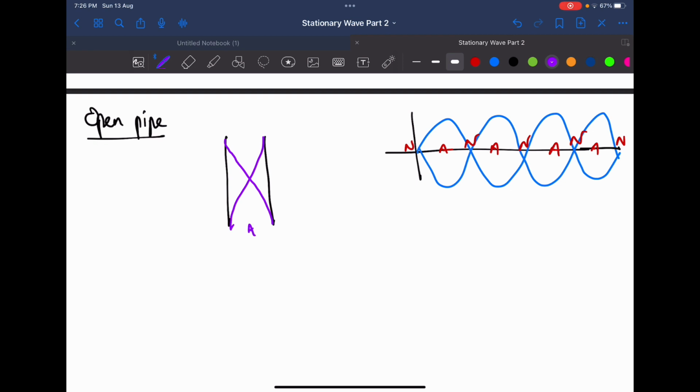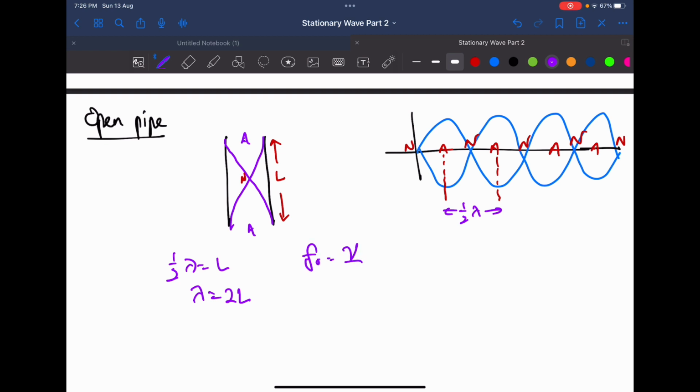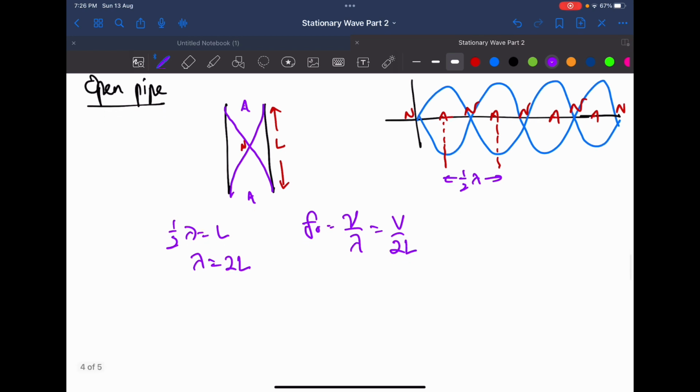This will be antinode and this will be node. This is L. So the sound is produced from here to here, which is half a lambda. So half a lambda equals L. Lambda is 2L. So fundamental frequency is V over lambda, so V over 2L.